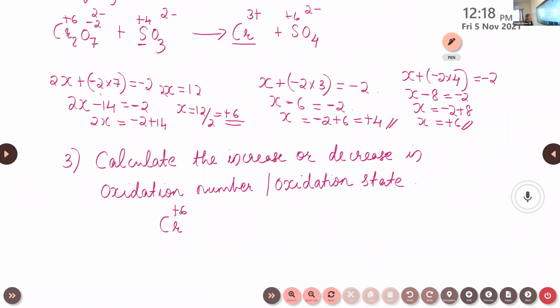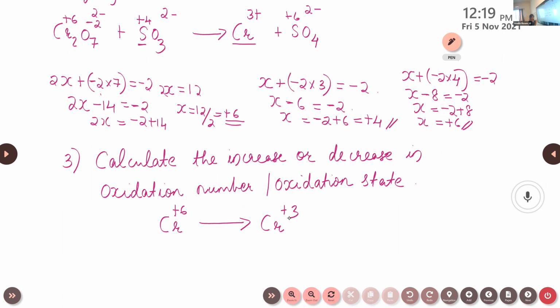The oxidation number of chromium is plus 6 and it is converted to, what about the oxidation state of chromium in product side? Plus 3. Yeah, chromium, that is plus 3. Okay. Then in the case of oxygen, there is no change, right? In all these compounds, it is minus 2 itself.